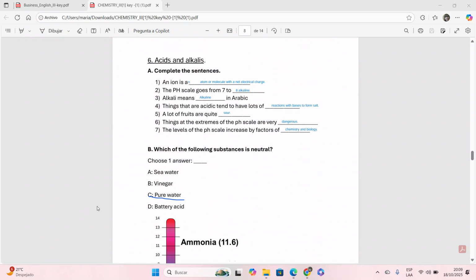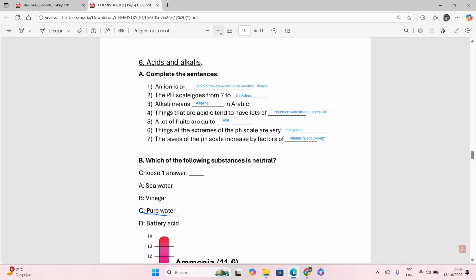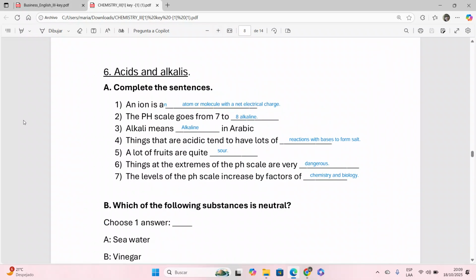6. Acids and alkalis. A. Complete the sentences. 1. An ion is an atom or molecule with a net electrical charge. 2. The pH scale goes from 0 to 14. 3.